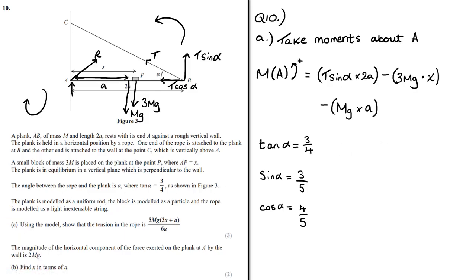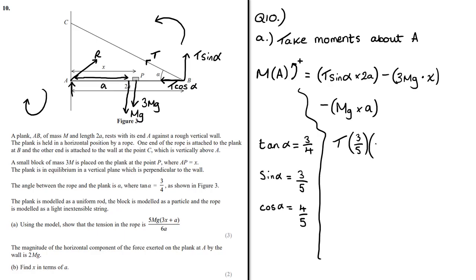So in that case, T sine alpha is going to be T lots of sine alpha, which is 3/5. So that gives me T lots of 3/5. And then we times that by 2a.